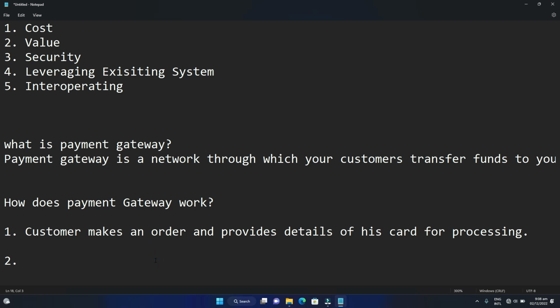So the next thing is that the encrypted information of your payments is sent to a payment processor to be used for processing the transaction.